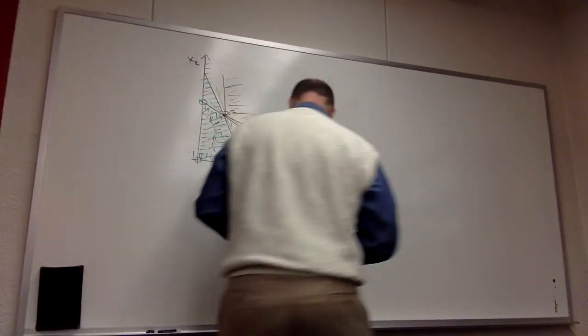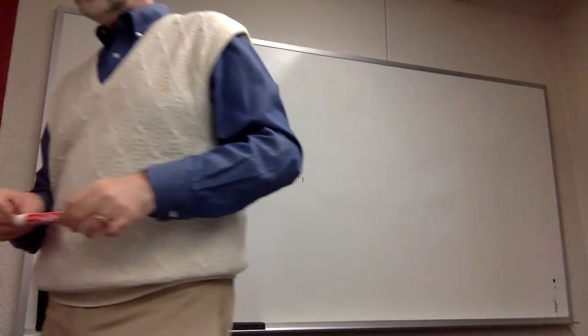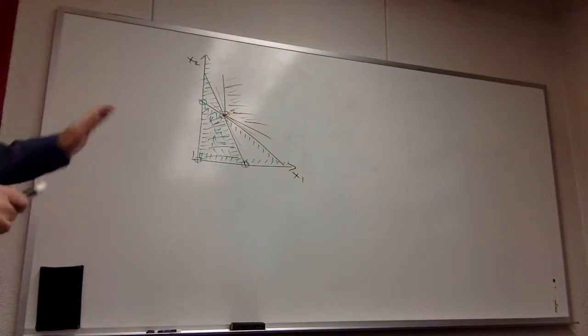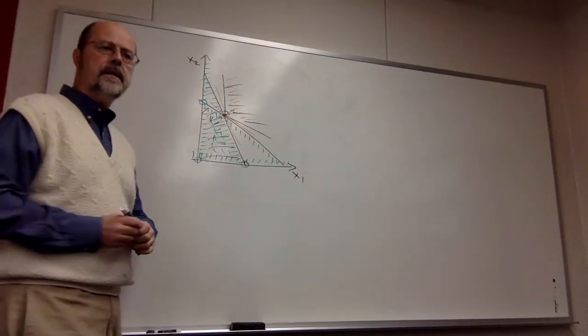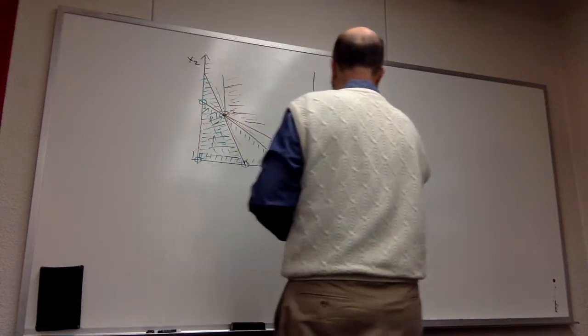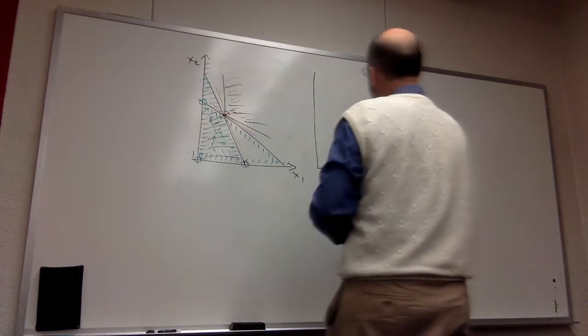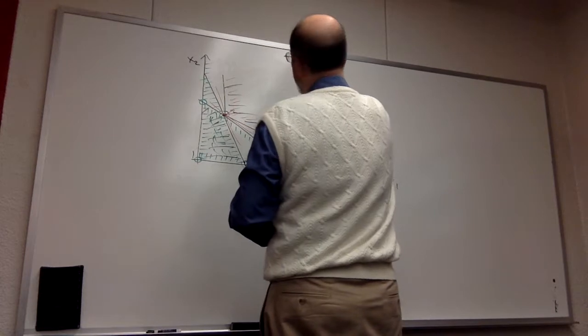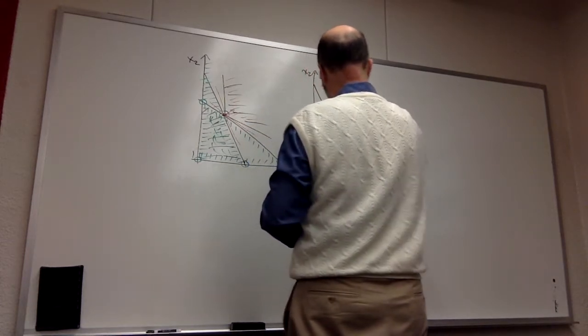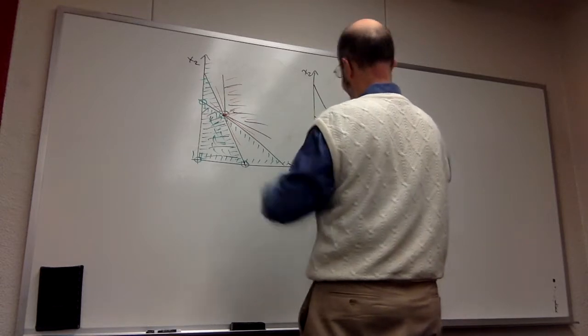Okay. So what if I draw the exact same picture, but use a different objective function? I'm going to leave this up here so you can compare. All right, so something like this, like that.